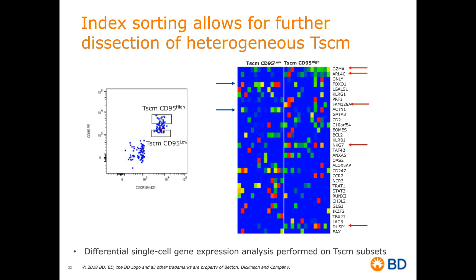Similar for ARL4C, PEM129A, NKG7, and so forth. On the other end, if we look at naive-expressed genes, like FOXO1 or Actin1, you can see an opposite trend, where these genes are more expressed by cells expressing low levels of CD95 than high levels of CD95.